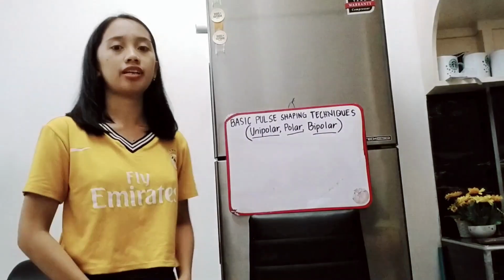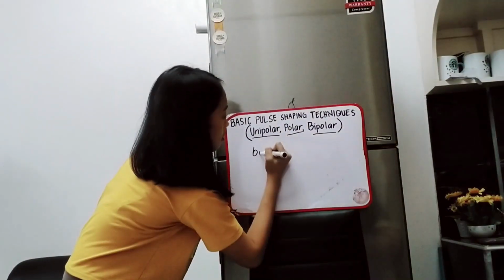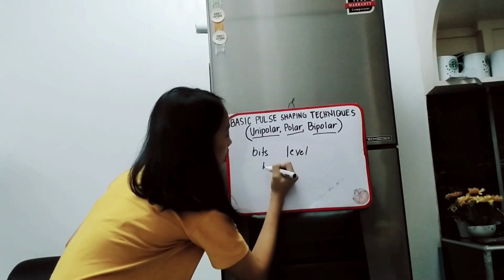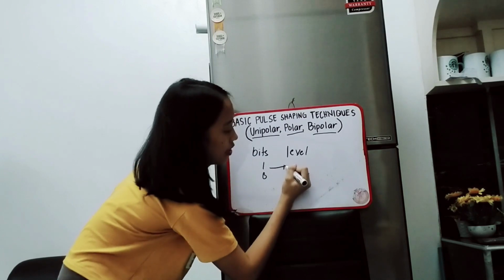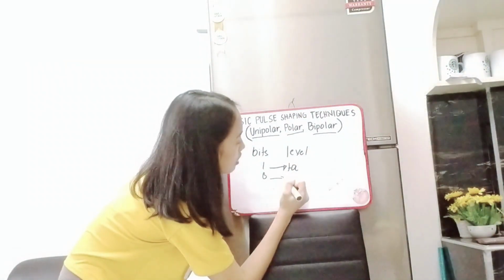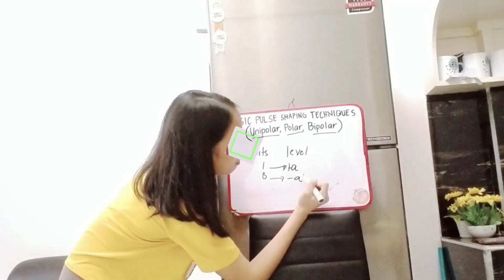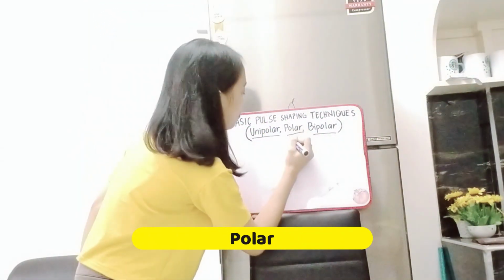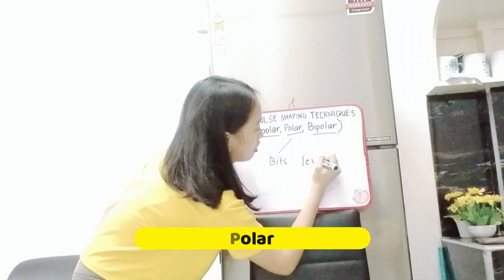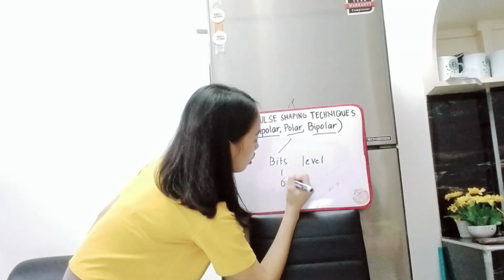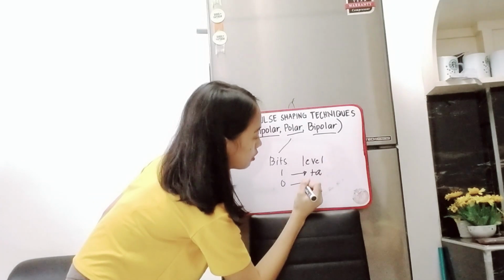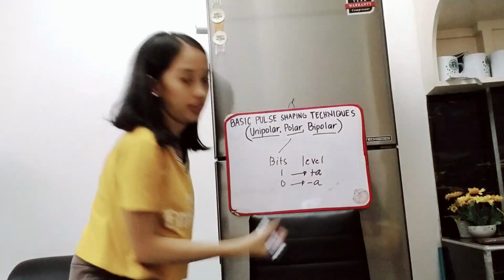What we do is assign bit levels 1 and 0. In unipolar, 1 is assigned positive A voltage and 0 is assigned zero voltage. While in polar, bit levels 1 and 0: 1 is assigned positive A voltage, 0 is assigned negative A voltage.